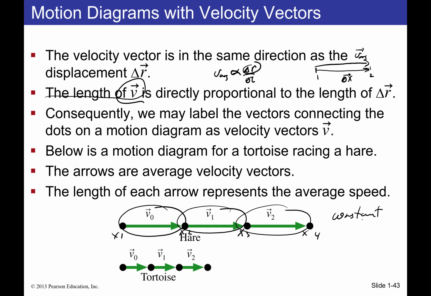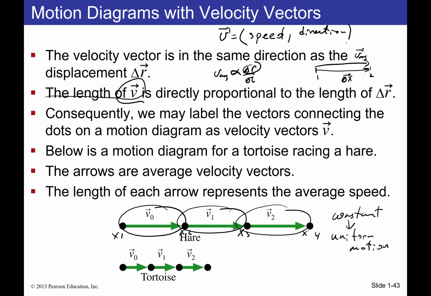Remember, constant motion we define as uniform motion, which means it's constant velocity, not constant speed, but constant velocity, because we're not only moving at constant speed, but also in the same direction. Now, remember the vector. If I'm doing a velocity vector, a vector should have a magnitude and direction. Now, the magnitude of the velocity vector is nothing but the speed of the object. And then let's say we have a direction.